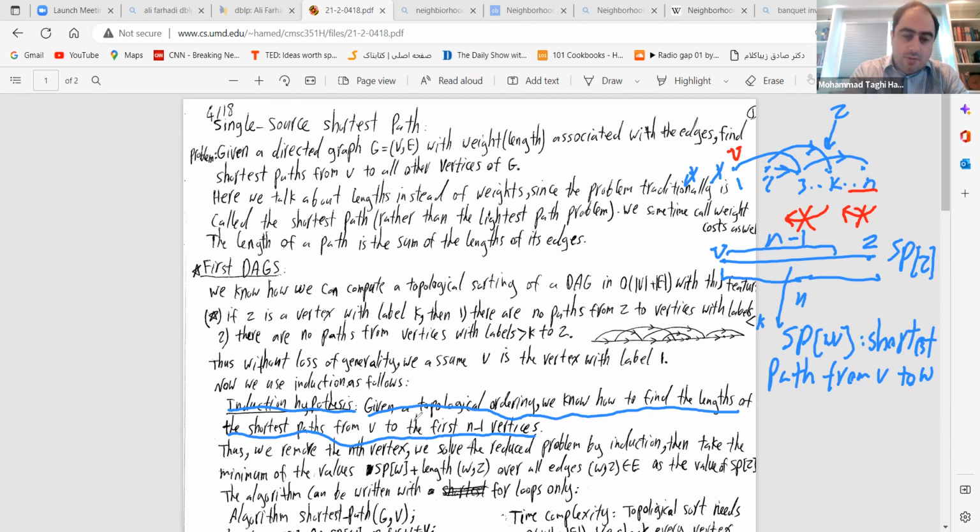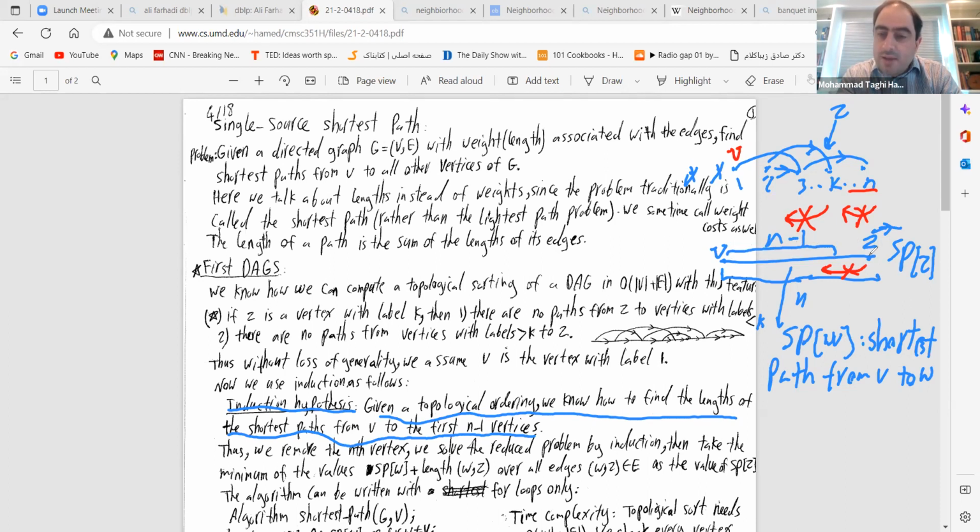This is the induction hypothesis that we have discussed. Let me erase this one and draw it again. Okay, so what do we do? For Z, all the edges are going forward. There is nothing backward from Z. What's the meaning of that? By the induction hypothesis, we are assuming that we know the shortest path from V to all of these n-1 vertices.